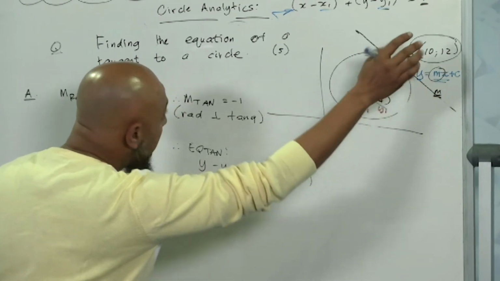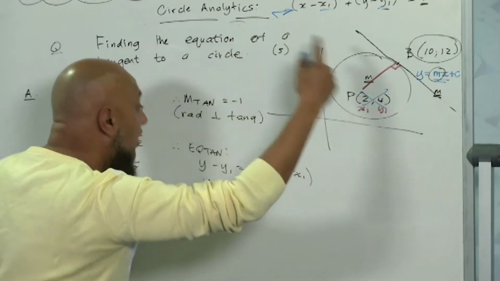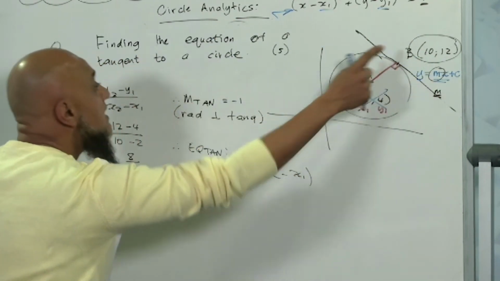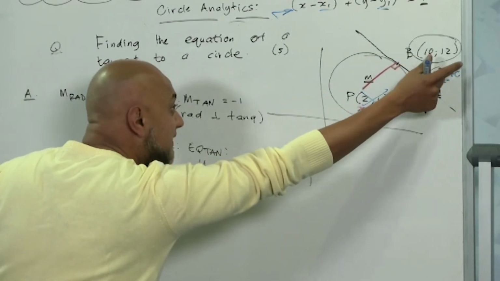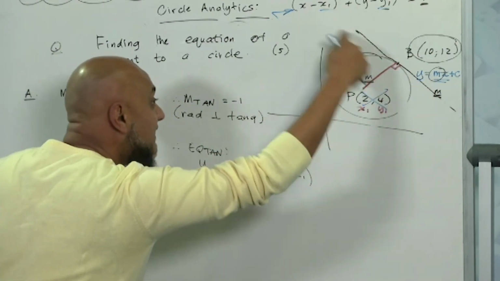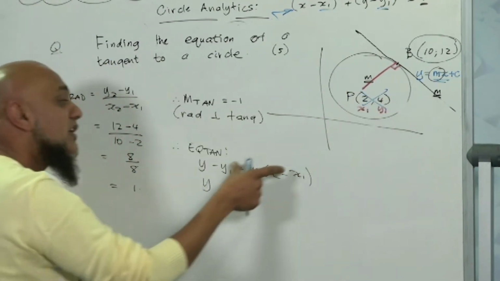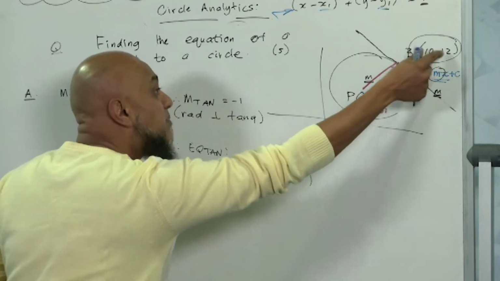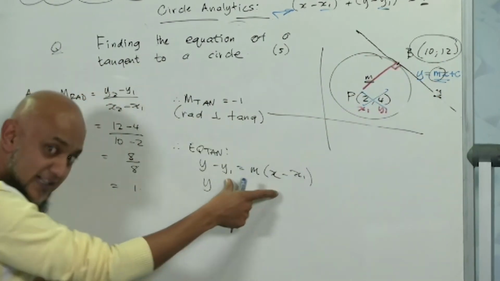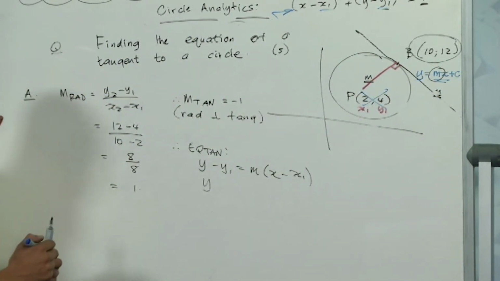So even if you called that one x2, y2 before, you're now going to call it x1, y1, because the point B (10, 12) is the point that lies on the straight line, not the center. I can only use a point that lies on my straight line. Okay?